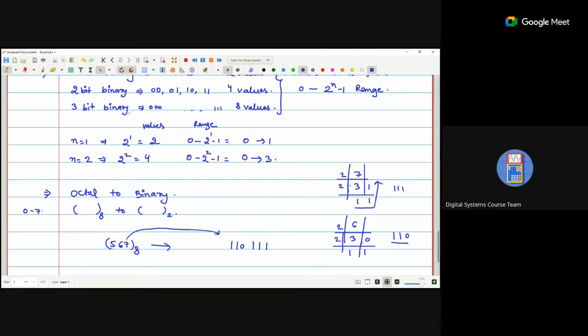And 5: 1, 0, 1. So this is the binary representation of an octal number.